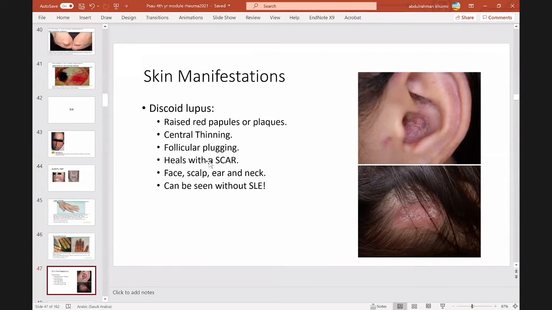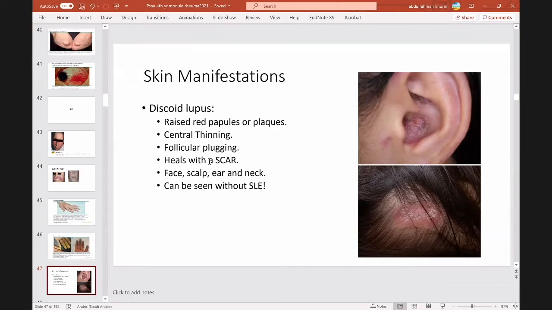Other skin manifestation is what we call discoid lupus: raised red papules, central thinning and follicular plugging, heals with scar. It can come in the scalp, face, neck, ear, or behind the ear. It can come with systemic lupus, or as only discoid lupus in the skin. So it can come as lupus with systemic manifestation, or only skin manifestation.